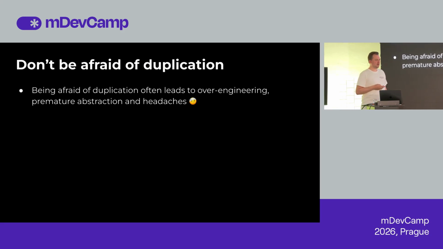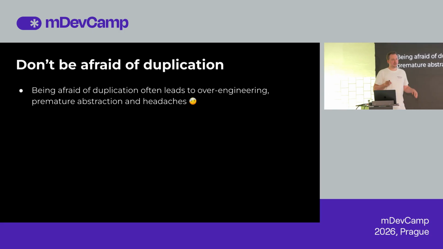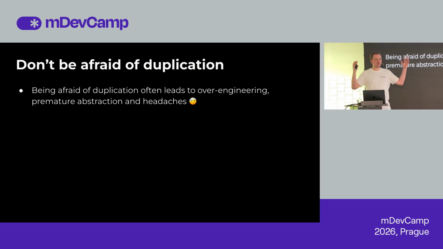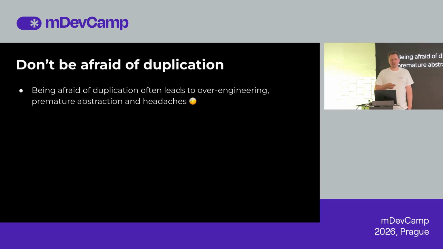I saw so many code bases where the developers were so afraid of duplication that they created abstractions on abstractions which are really not necessary. The term for this is premature abstractions, and it causes a lot of headaches, a lot of communication problems in the team. People don't understand the naming. Then you need to have a meeting to explain to everyone.